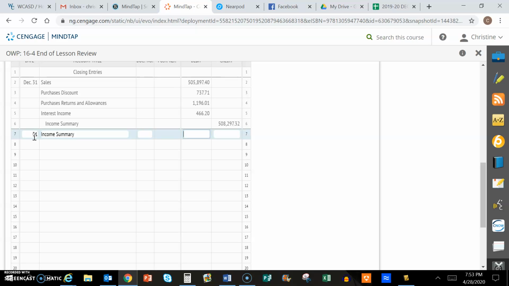And then your debit to income summary would be the total where you add up all of your debits. I did do that before. I wrote it all down on my paper, but I'm not going to type it all in. It's 429,376.63, and then we would just start with sales discount. I'll do the first few, and I'll do the last few, and then I'll just go ahead and grade it.